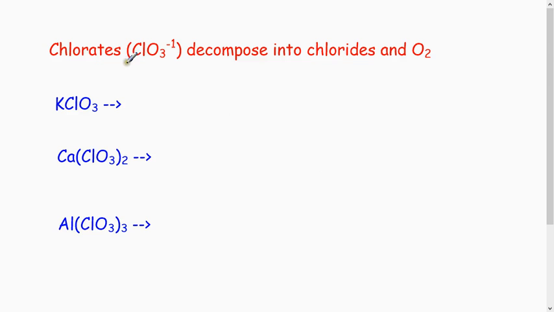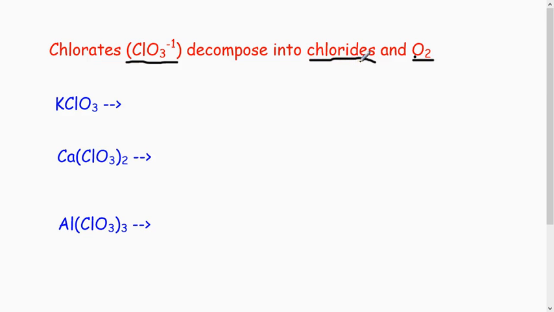The decomposition of a chlorate, something that contains ClO3-, is going to decompose into a chloride and oxygen gas. Again, it's O2 because oxygen is a diatomic.